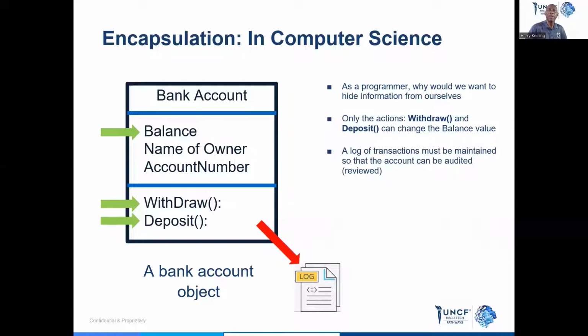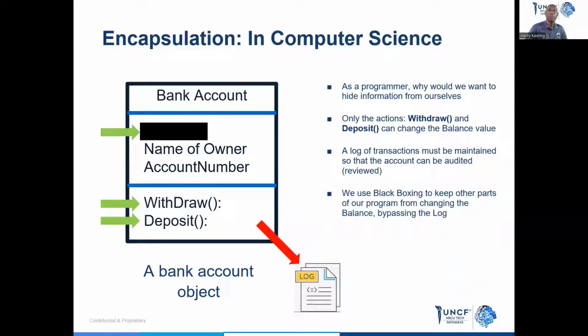In this case, we use that familiar concept, black boxing. What we do is we prevent other programs from directly affecting the account balance. In that way, this black boxing will prevent any application from bypassing the logging of activity on an account balance.